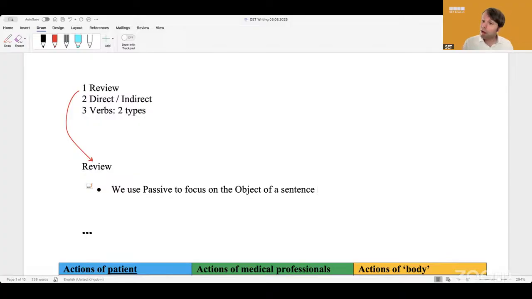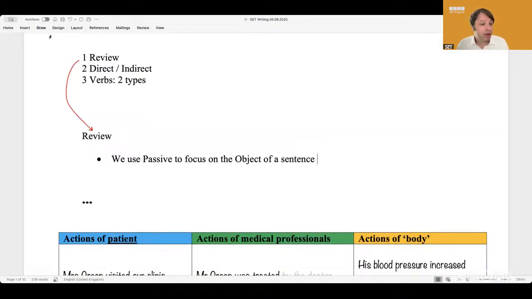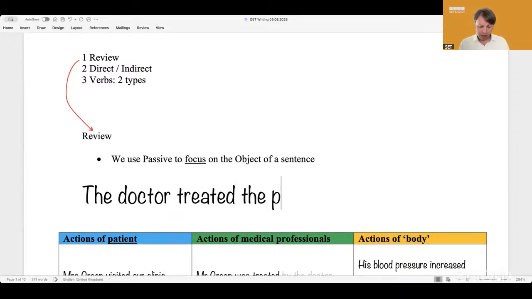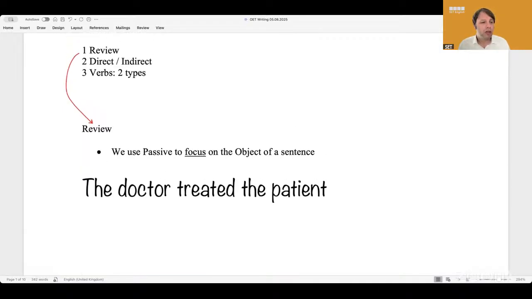Also, to be more formal, to be more professional sounding, or for example, if we don't know who the subject is. But in OET, the key idea is that we want to focus on the object of the sentence. So for example, if we say the doctor treated the patient, Kadriye, what's the mistake with this?